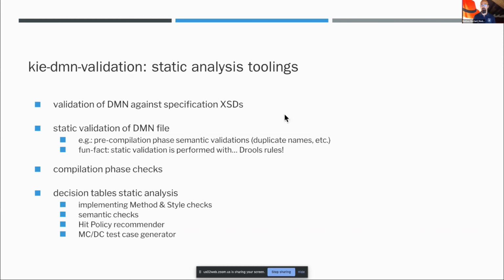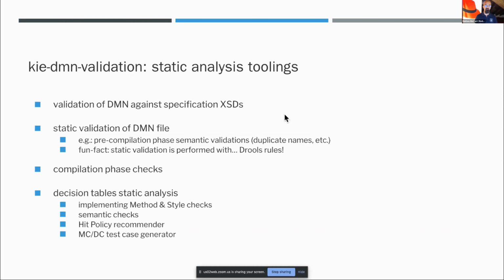One example: in the DMN model, you should not have duplicate names. You cannot do this check with XSD checks alone. So we perform a set of semantic validations on top of the model after it's valid purely from the specification XSD. As a fun fact, all these validation rules are actually defined using drools rules.